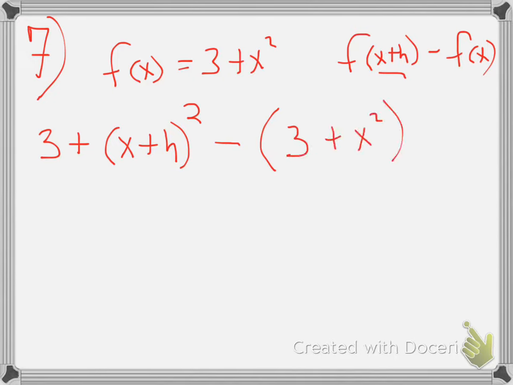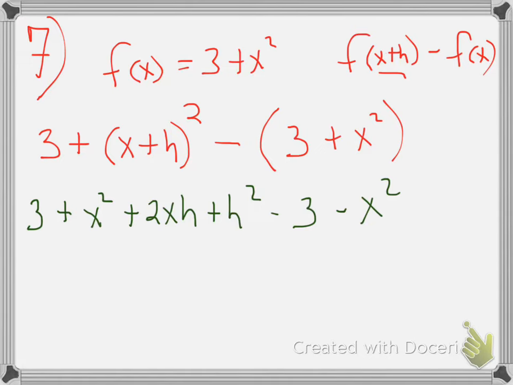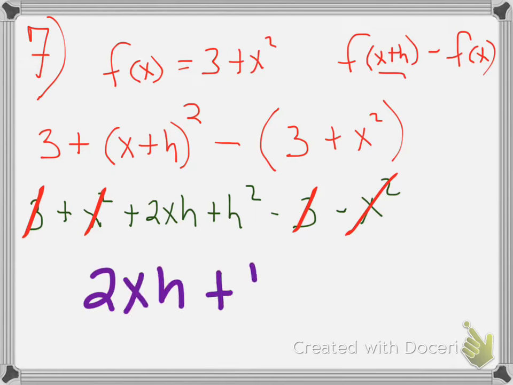Now I can do some distribution, and I get 3 plus x squared plus 2xh plus h squared. And I distribute the negative sign through, I get minus 3 minus x squared. Well, 3 minus 3 cancel, x squared minus x squared cancel, and that gives the answer being 2xh plus h squared.